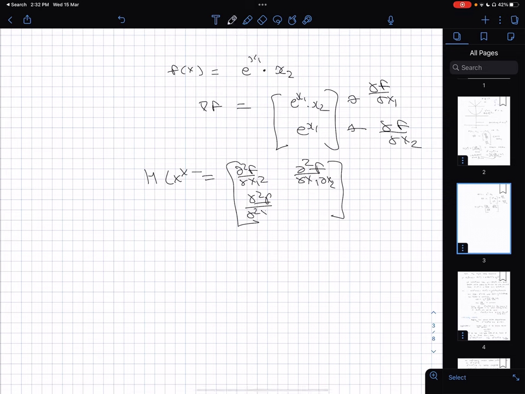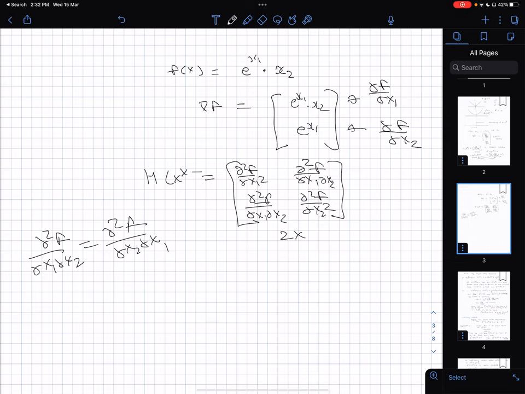It should be same as, I'm sorry, because del square f with del x1 x2 is same as del square f with respect to del x2 x1, and then you take a partial derivative with x2 itself, and you will get this as x2 square.